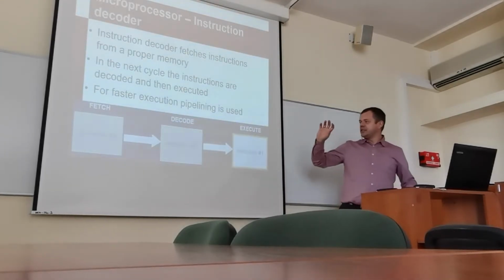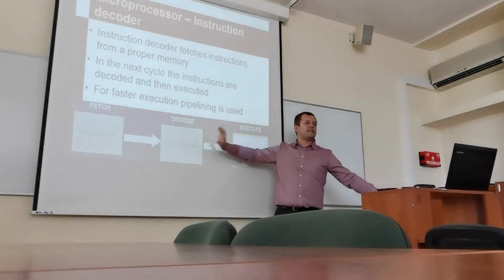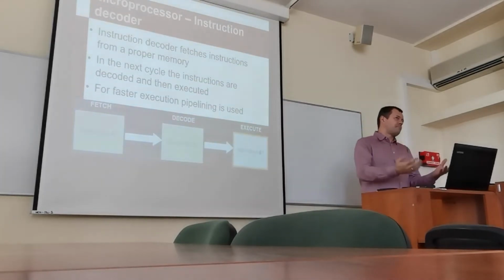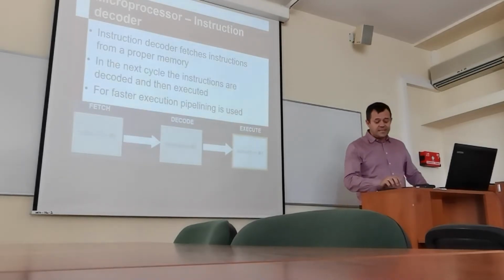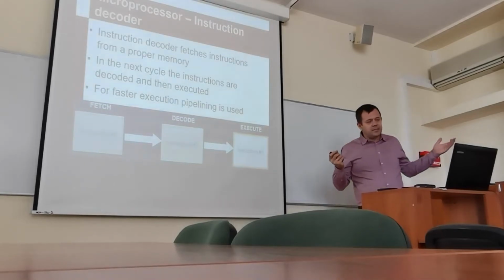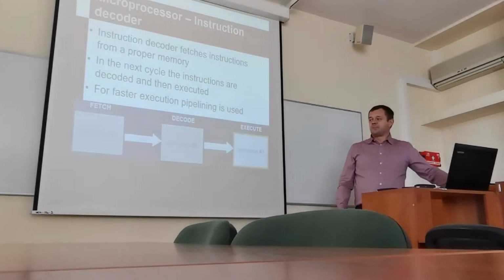All this is hidden actually here. So the complexity of the decode part of the instruction decoder is giving us this functionality of the whole microprocessor. So this is really a crucial element, or the most important element, I would say, of every microprocessor that you can think of.